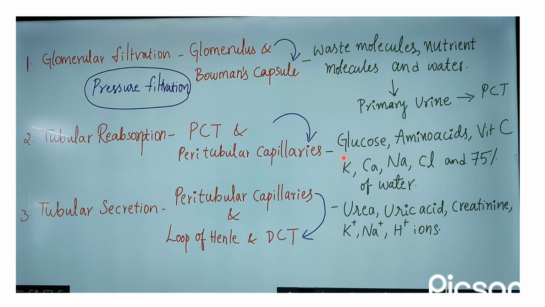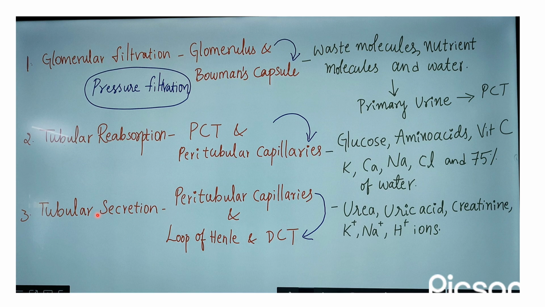So these materials are glucose, amino acids, vitamin C, potassium, calcium, sodium, chlorine, and 75% of water. All these things will be reabsorbed from the PCT into the peritubular capillaries where the blood is present.